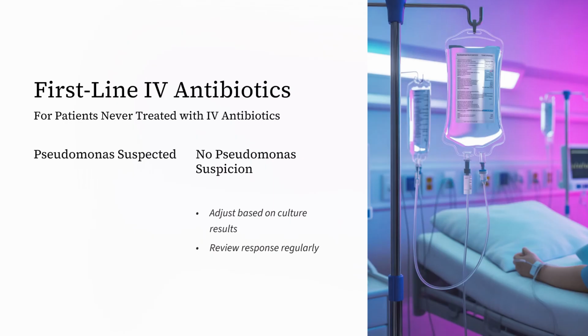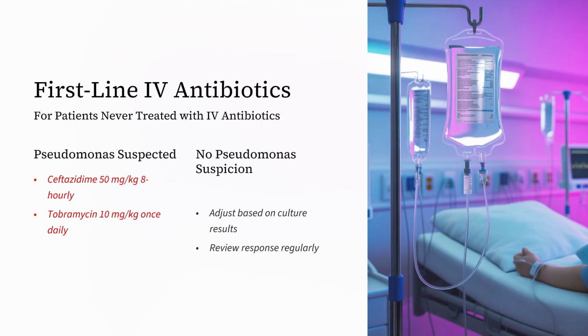So, what antibiotics will you start? First line IV antibiotics are for patients who have never been treated before with IV antibiotics and currently have an exacerbation. If you suspect Pseudomonas, you have to give ceftazidime plus tobramycin.